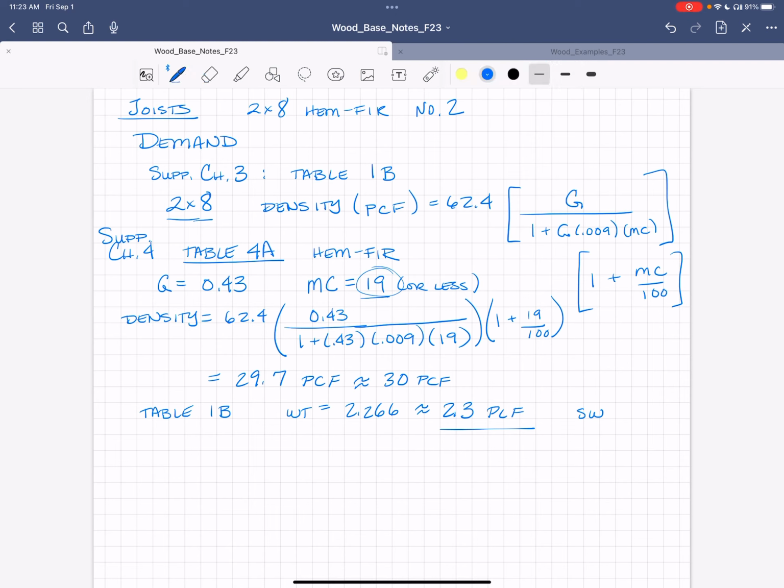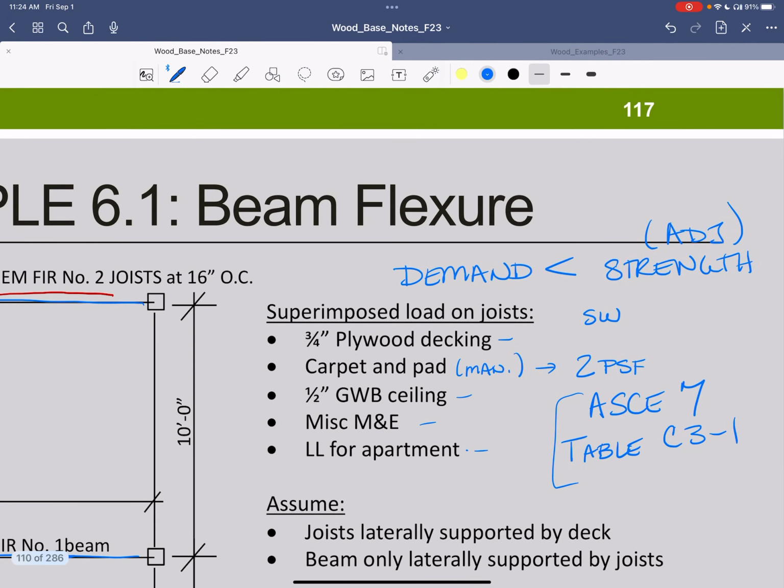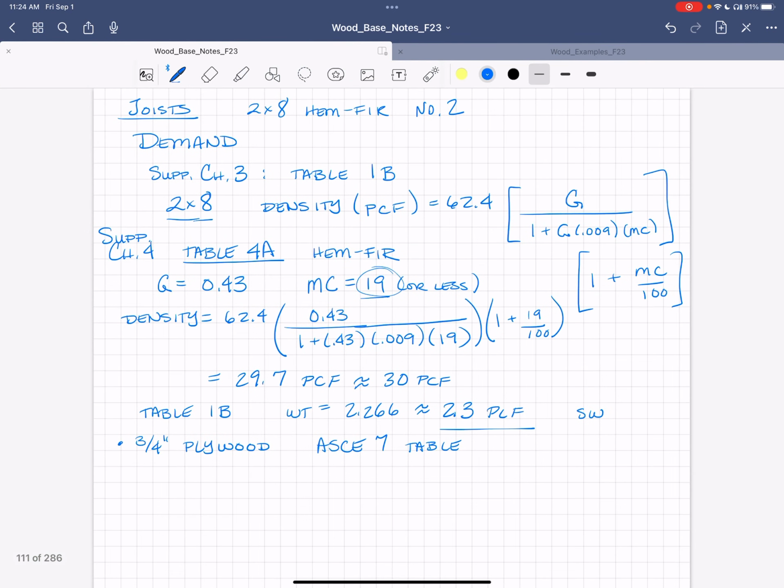So, plywood. We have 3/4 inch plywood. And this is where you go to the ASCE 7 table C3-1.